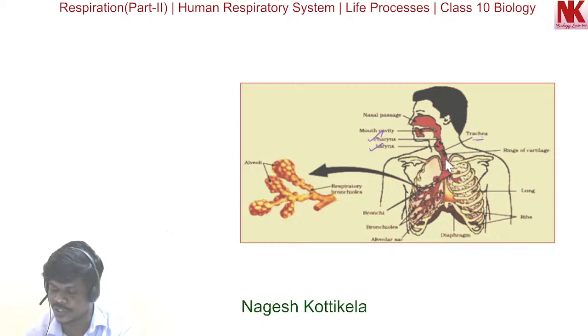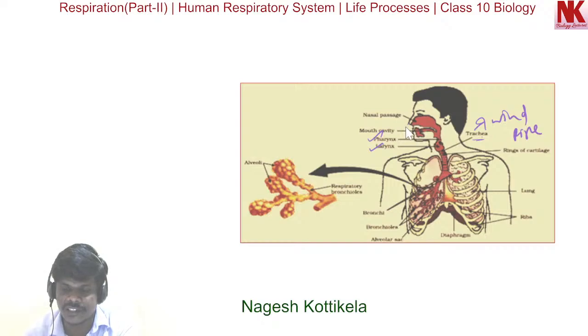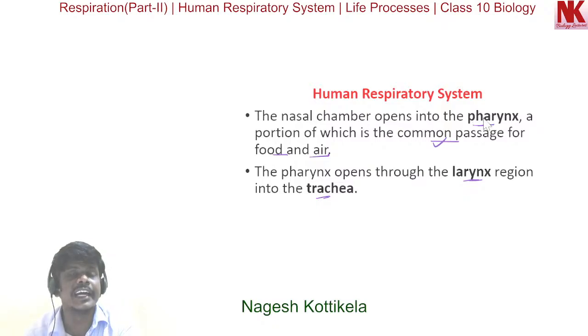You can see this windpipe. Trachea is nothing but the windpipe. So the passage is: nostrils, then nasal passage, then pharynx, then larynx, after that the trachea. Trachea is a windpipe. So this is how the air enters into our respiratory system.